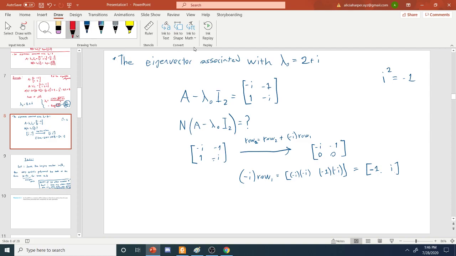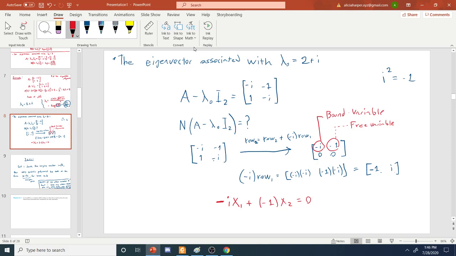Now, as we usually note, this corresponds to a bound variable. And this right here corresponds to a free variable. So we can translate to the linear system world, and we have negative i times x1 plus negative 1 times x2 is equal to 0.